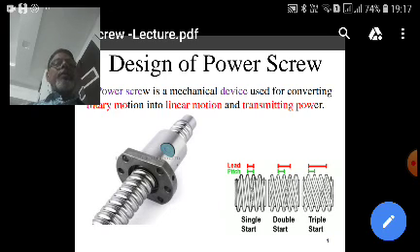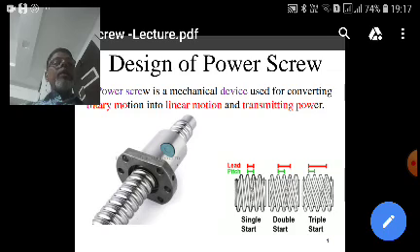And the lead means if you turn the screw for one complete revolution, then the axial distance traveled by the screw, that is the lead. Now we know that if it is a single start screw, if you rotate the screw one complete revolution, the axial travel distance is equal to the pitch.